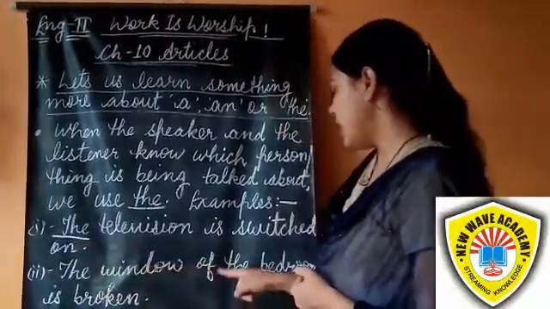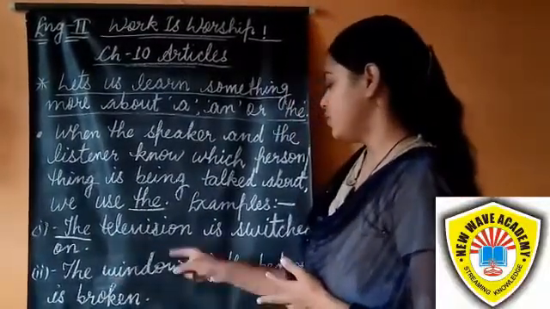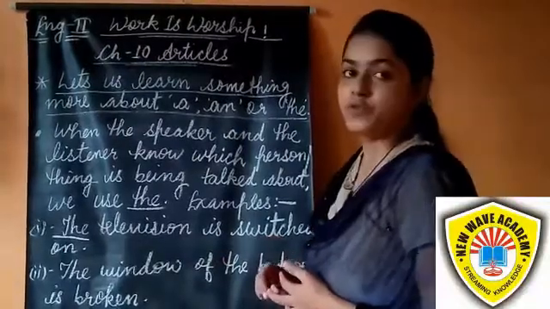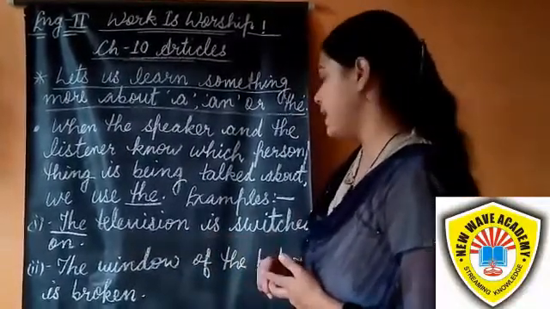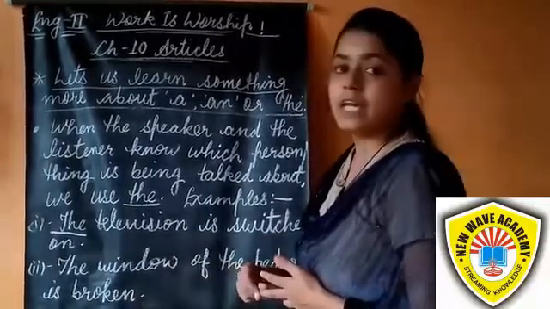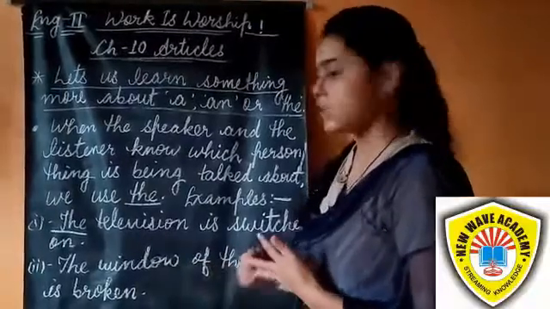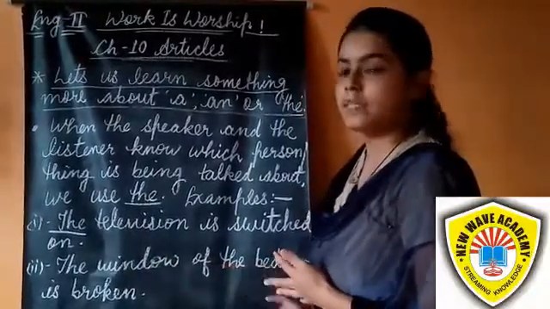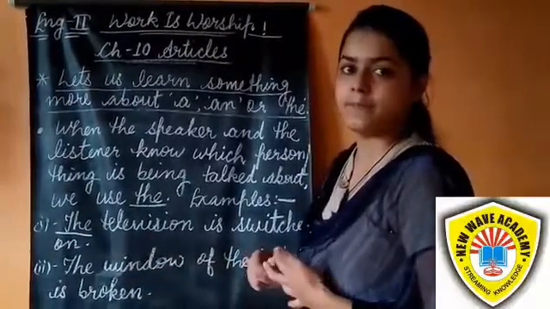Similarly, the window and the bedroom are broken. We use the before window and before bedroom because here we are clear that we are talking about a particular window and a particular bedroom.